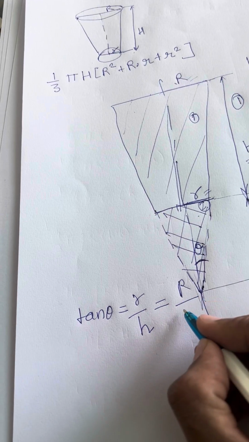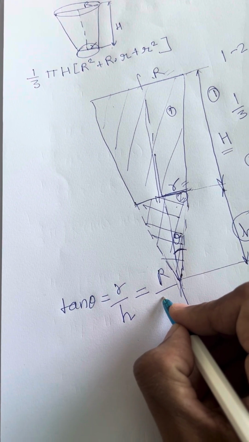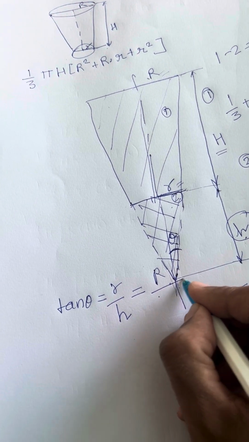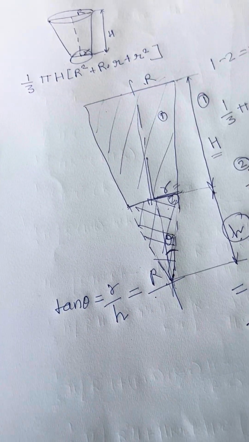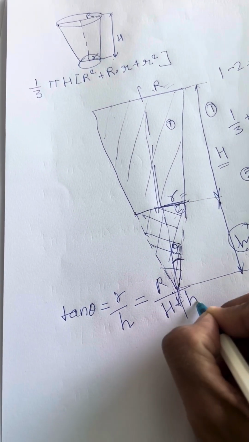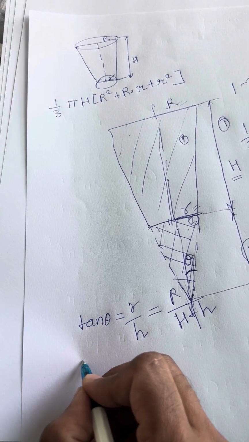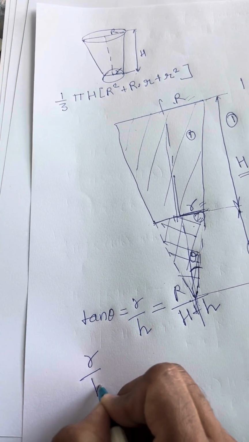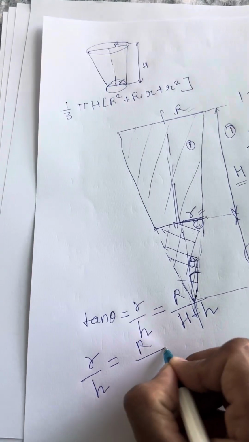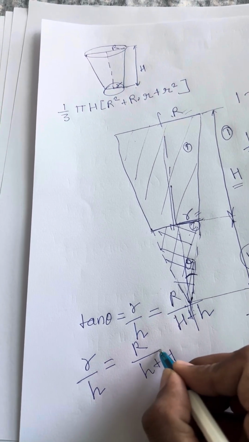If somebody wants to refresh on what these trigonometric ratios mean, I can take a separate video on that. So let me see what this brings out. R by H is equal to r by h.